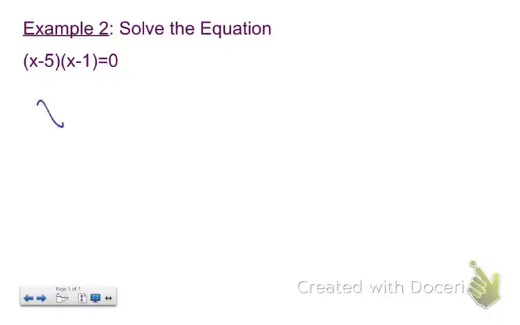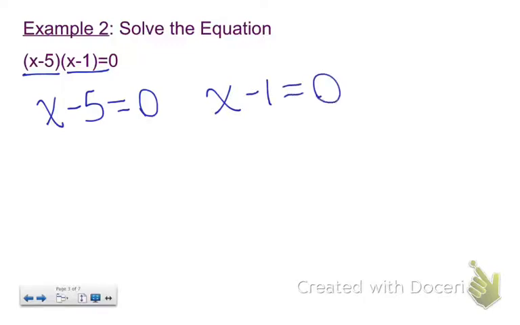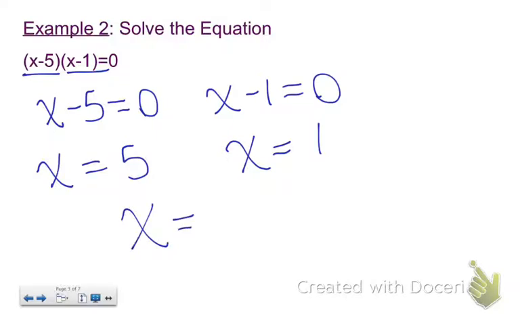So again, I'm going to take each part of that product and set it equal to 0. So if I add 5 to both sides, x equals 5, and if I add 1 to both sides, x equals 1. So in other words, to make this equation 0, x equals 5 or 1.